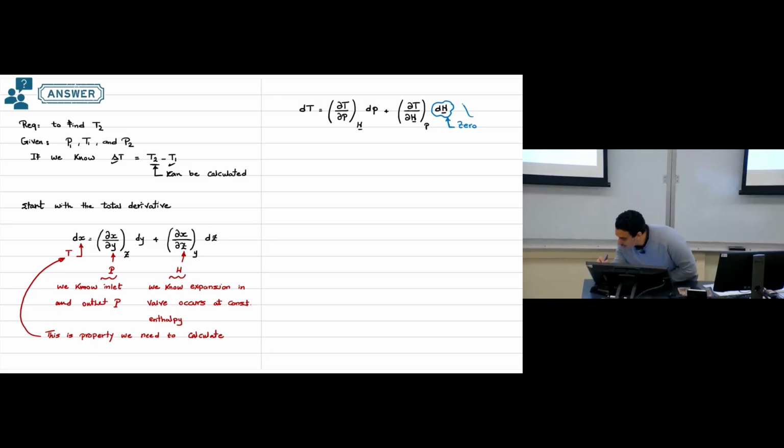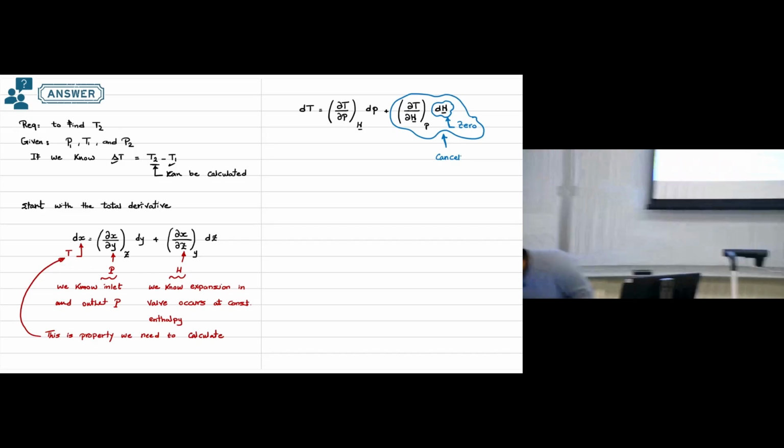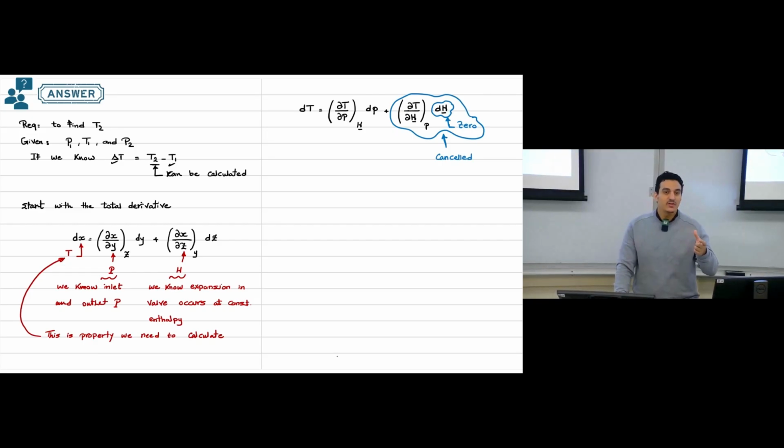So all of this term will be cancelled. And this is why selecting the properties can help you simplify the problem, or selecting the property can make it very complex. If we select any other property like internal energy or entropy, for example, this term will not be cancelled.